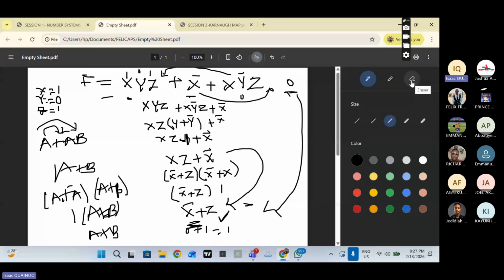All right, so let us look at another example here. Let's work on it together. I'll put it out there, we attempt it and then we look at the answer together.